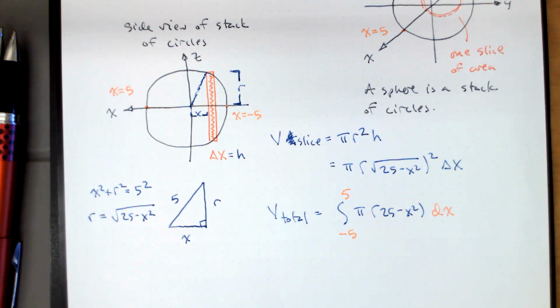All we'd have to do now, we can see what the answer is to our previous problem. Our previous problem would be to integrate the square root of 25 minus x squared minus y squared. But at least at this point, we know what the answer is going to be. So the integral from negative root 25 minus x squared to positive root 25 minus x squared is really going to be pi times 25 minus x squared dx.